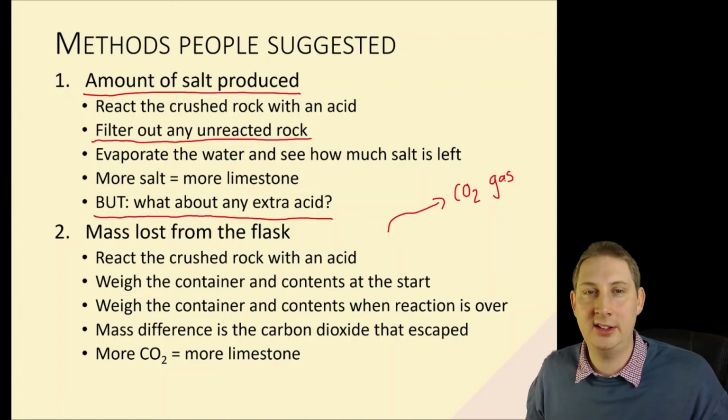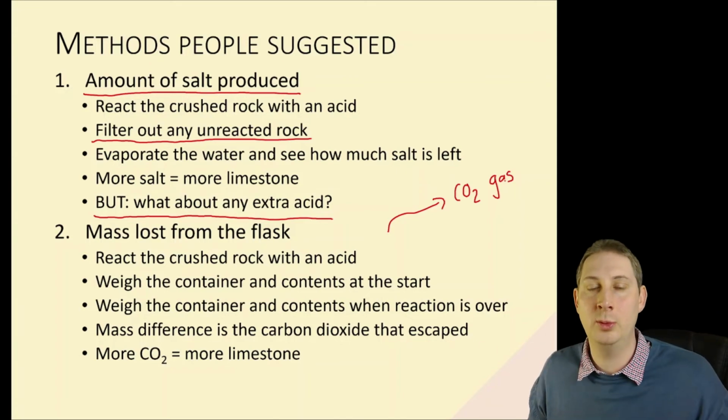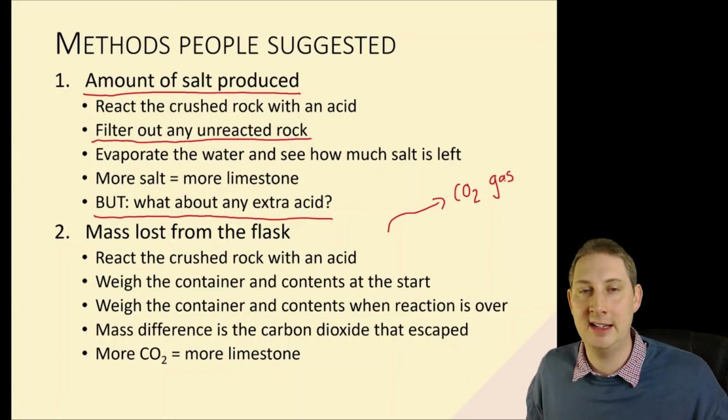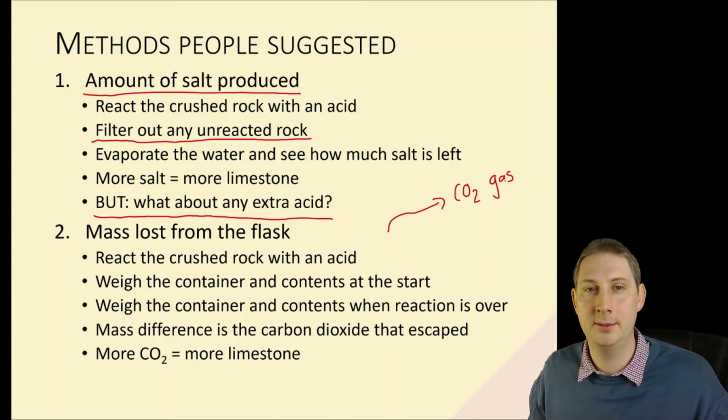So if your reaction weighs 2 grams less at the end, 2 grams of carbon dioxide gas have escaped. More carbon dioxide means more limestone. This was a good method. Several people suggested it.